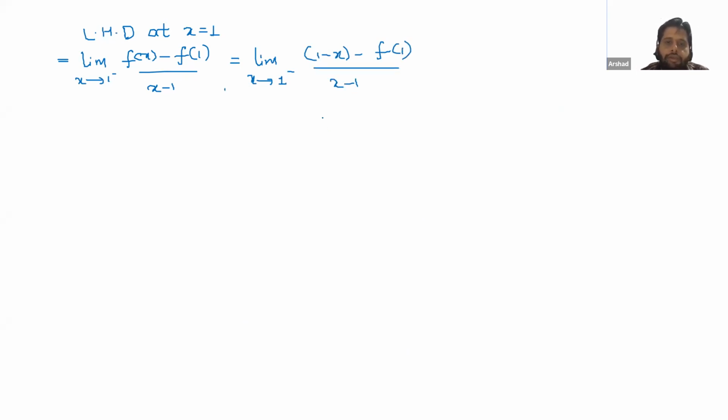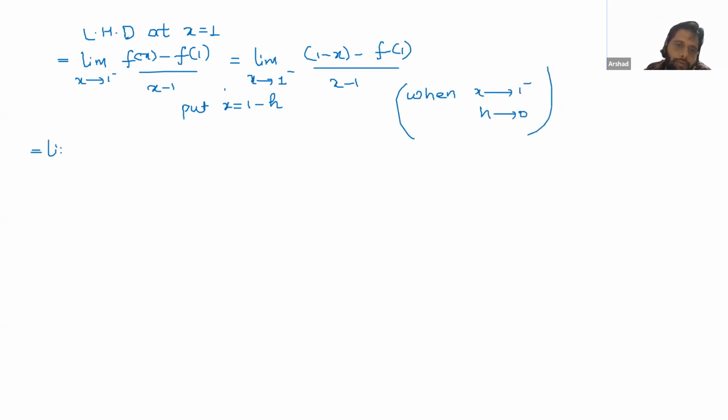Now put x is equal to 1 minus h. When x approaches 1 minus, h approaches 0. So this will give you limit h tends to 0, 1 minus (1 minus h) minus f(1). What's the value of f(1)? 0. Okay, by 1 minus h minus 1.